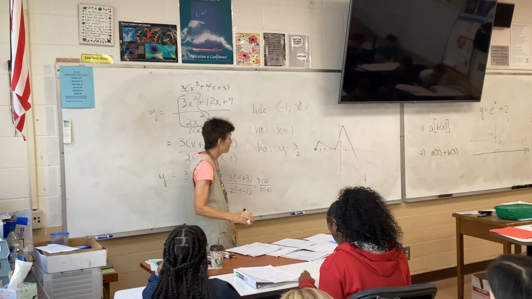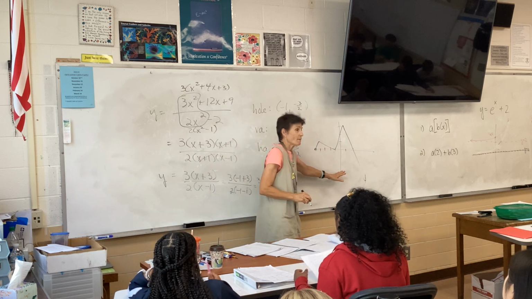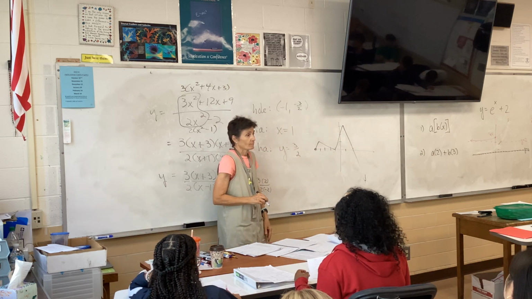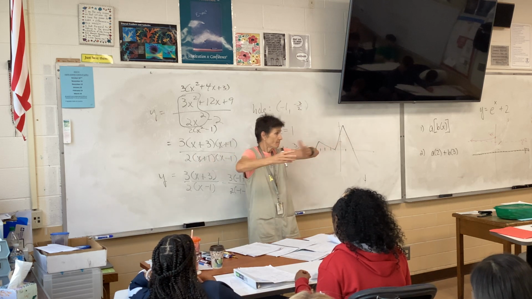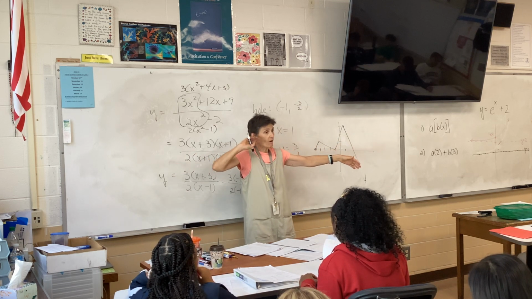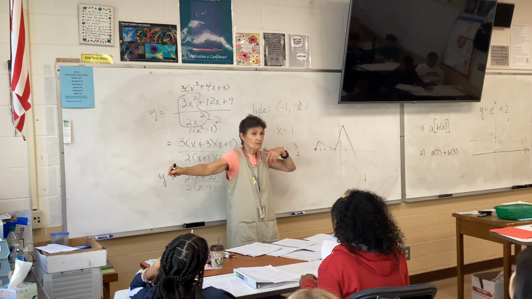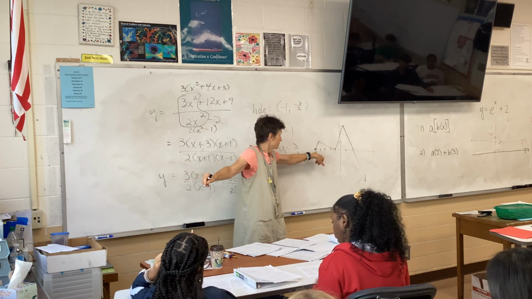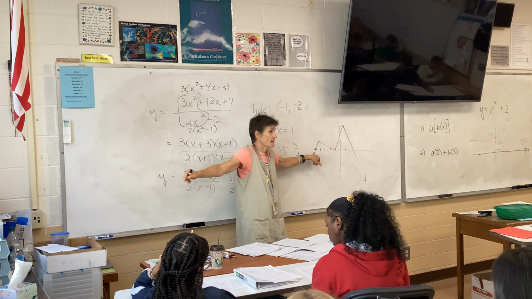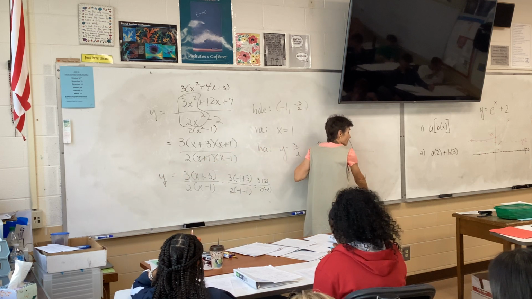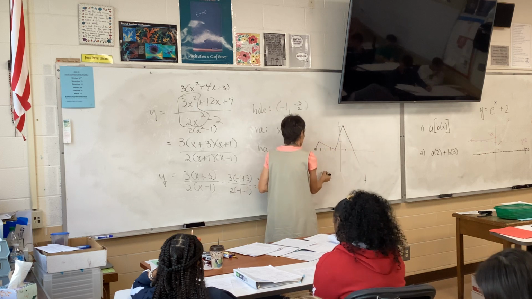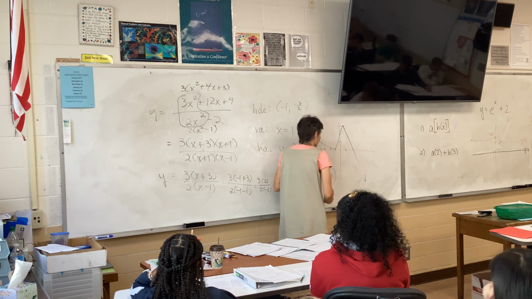Find the domain. Domain's which letter? X. So X is this way. So what's the farthest left this picture goes? Should be -5 if I counted right. -5. What's the farthest right this picture goes? Infinity. So your domain is -5 to infinity.